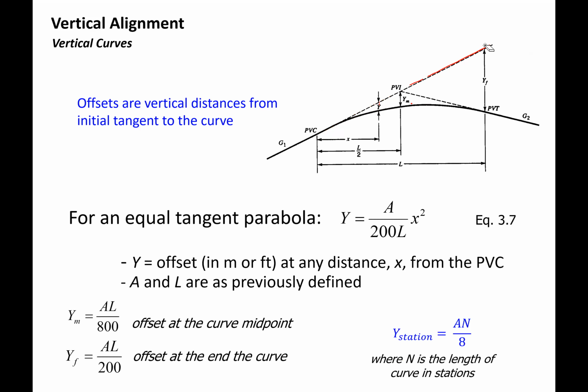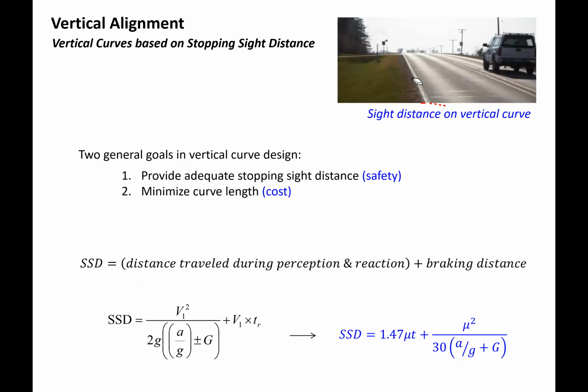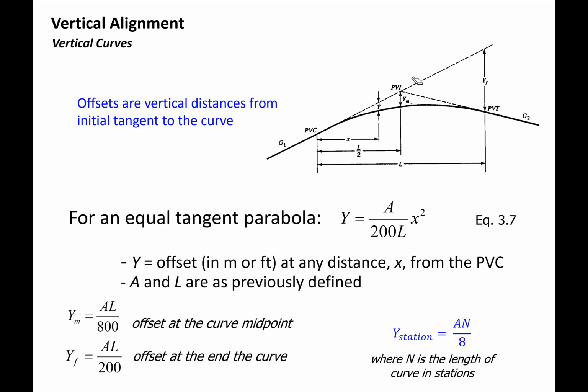We're going to use A and L as we defined previously, A being the algebraic difference in the curve, and L being the overall length of our curve. If we want to know the offset at the midpoint of the curve, which would just be L over 2, I could put that into this equation here. I've got A over 200L times x squared.